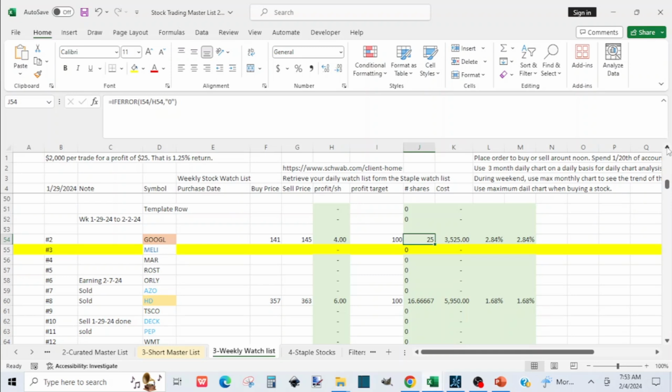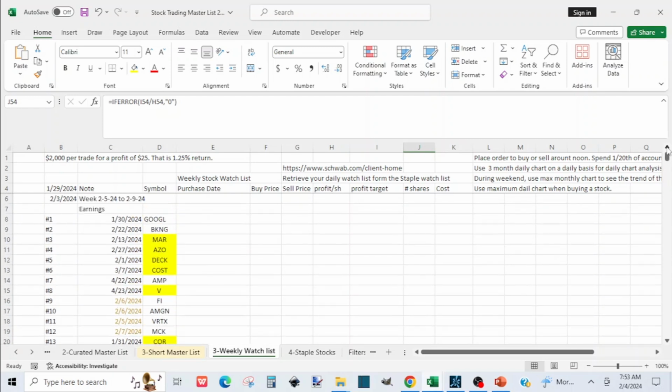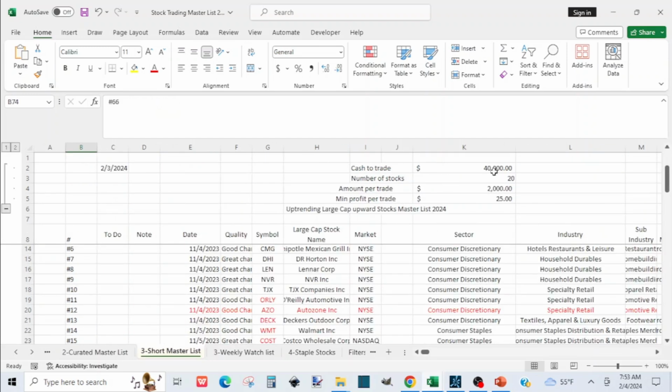But this time, I said, you know what, I just need to have 20 stocks that I'll just keep trading over and over, at least for the month of February, and see how it works out. To simplify things, I asked how much am I going to spend on each one of them? I'm working with $40,000 cash available to trade with, and I have 20 stocks to trade.